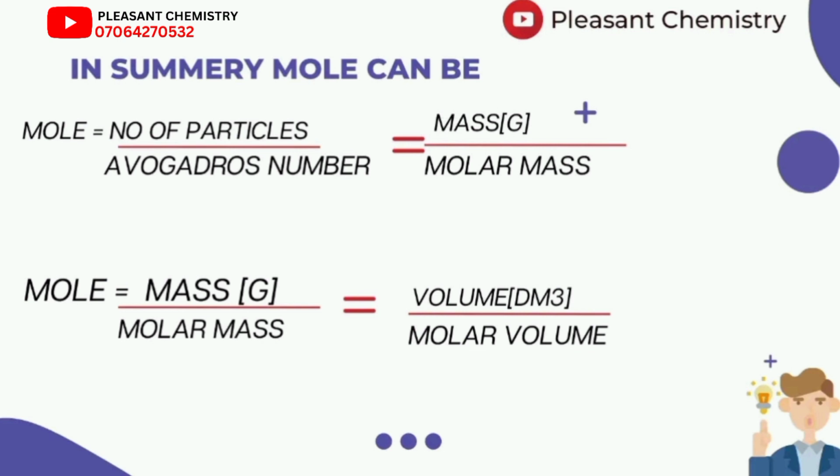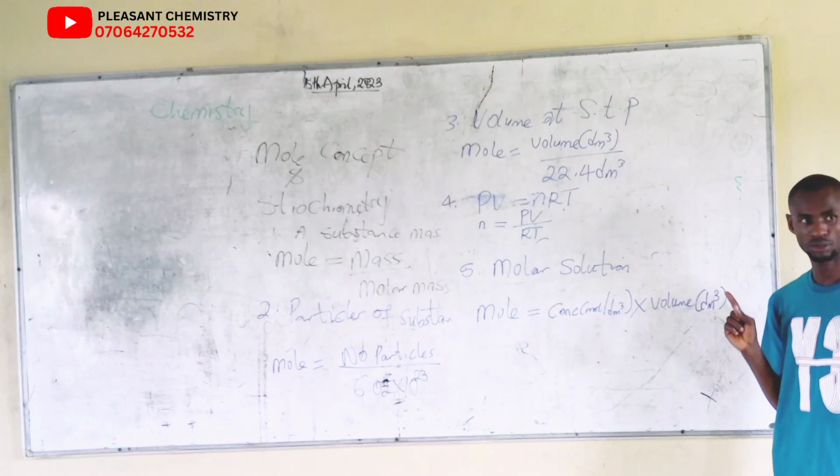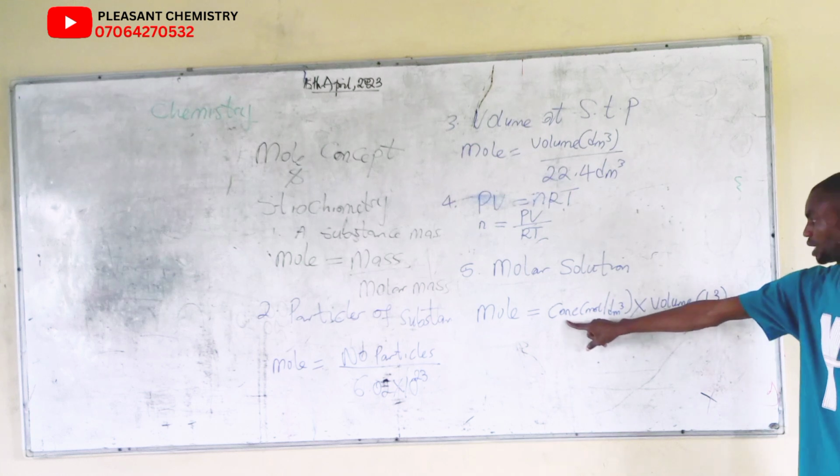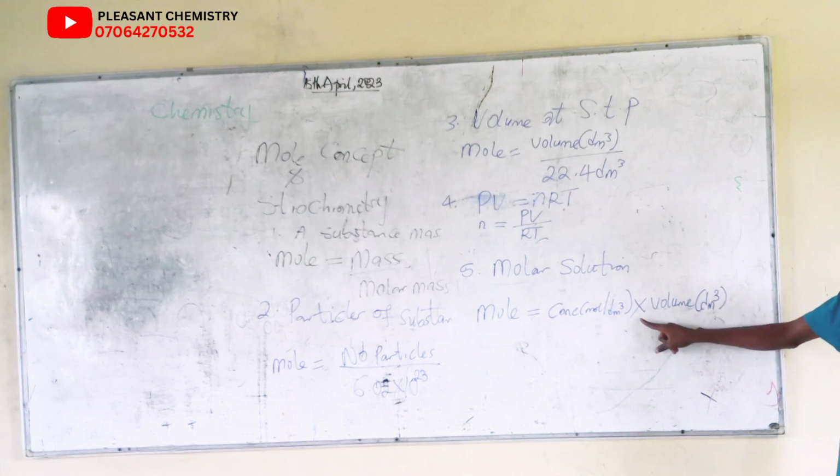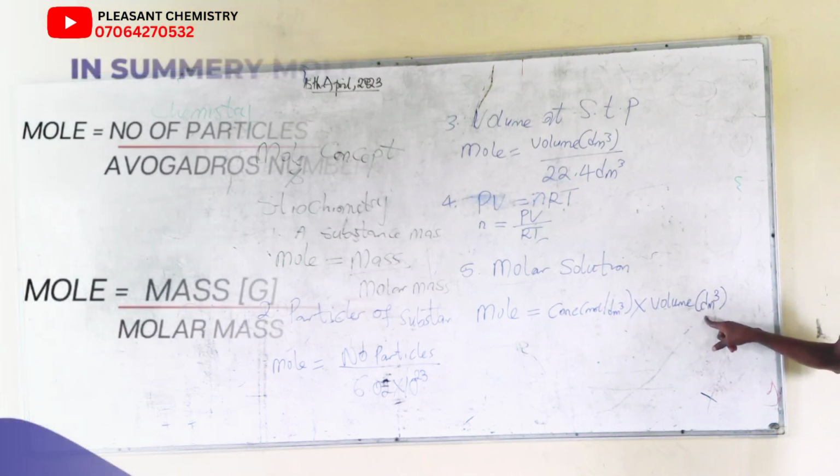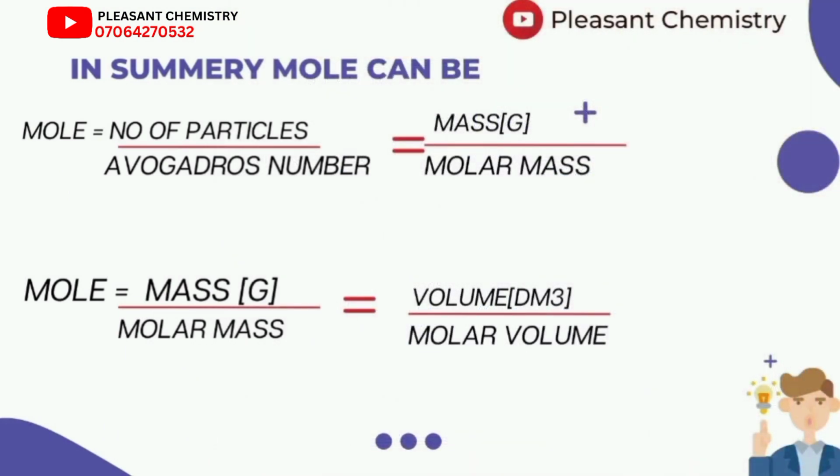When you're talking about molar solution, the standard value for any solution must be dm³ in chemistry. That's why we have mole is equal to concentration in mole per dm³ multiplied by volume in dm³.